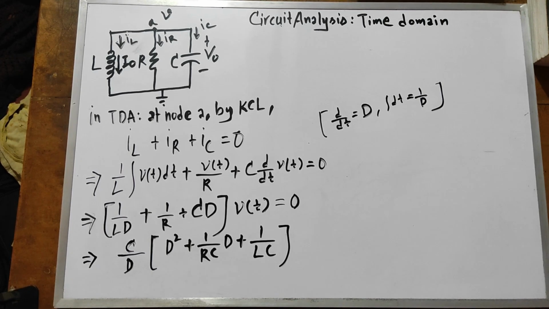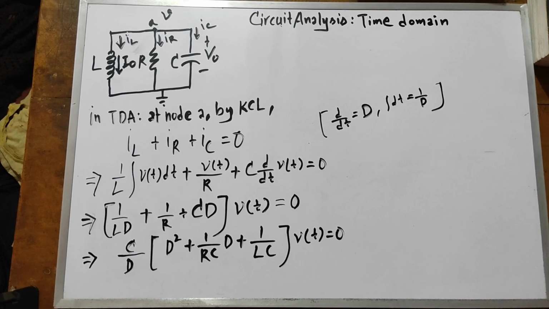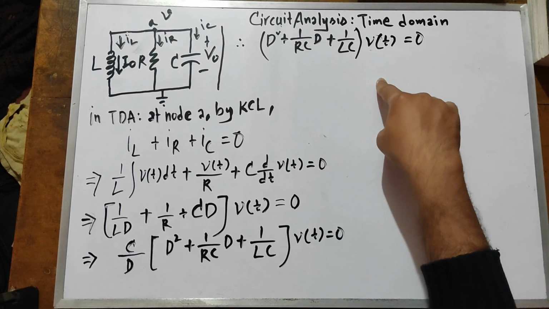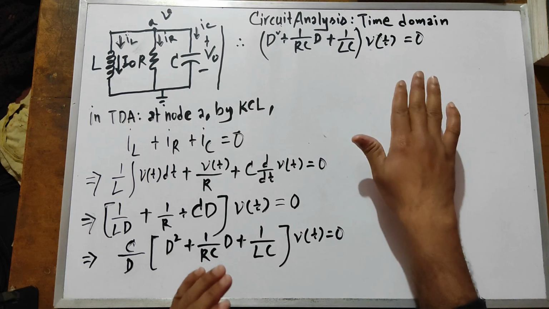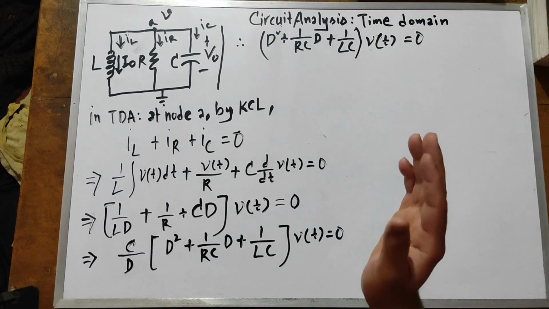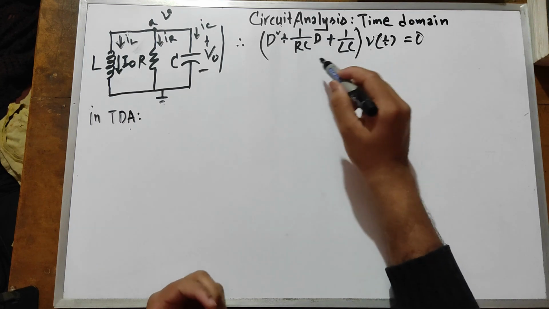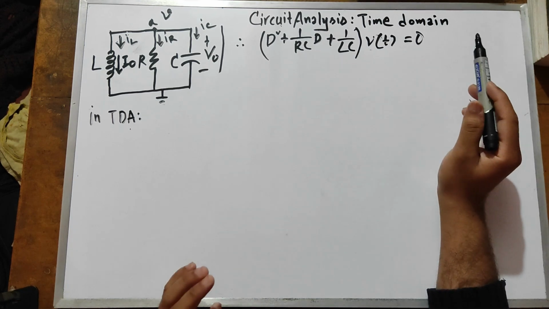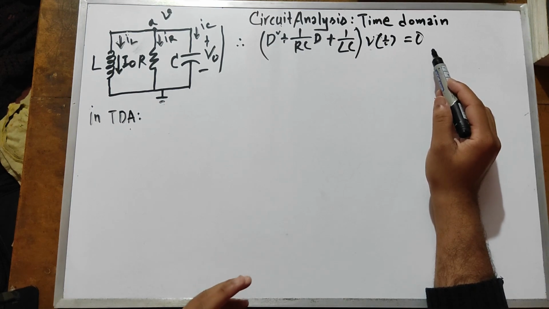This is looking like a more standardized form, and it equals 0. This is the second order linear differential equation with constant coefficients, and I have to solve it to get the circuit response of this source free parallel RLC circuit. Here this differential equation is a homogeneous equation. There is no input, so the right hand side is 0.